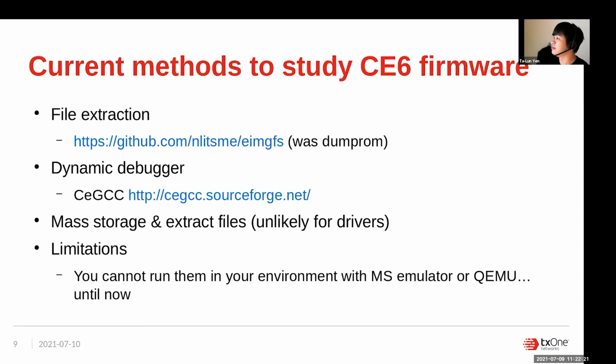But you cannot use them directly, as the tool will extract the files as is. We will explain the reason behind this later on. For dynamic debugging, there is a wonderful project called CeGCC, which ports a very old version of GCC onto Windows CE. It is possible to use the GDB included in that project to debug programs, even if the program was not compiled with GCC.